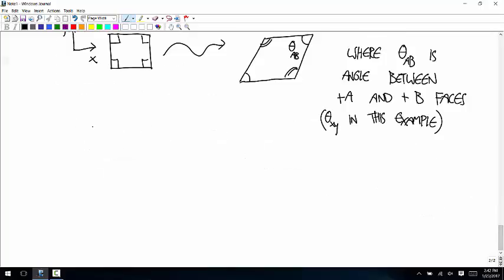Then these are the shear strains. This is the Greek letter gamma. Gamma xy is equal to pi over 2 minus theta xy.